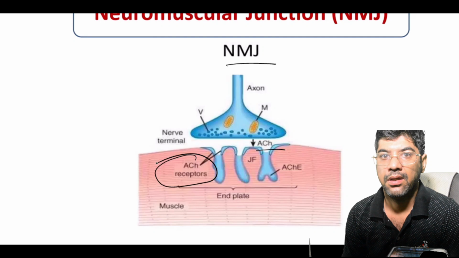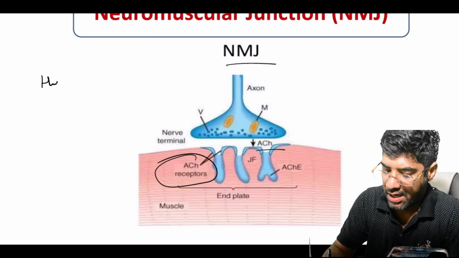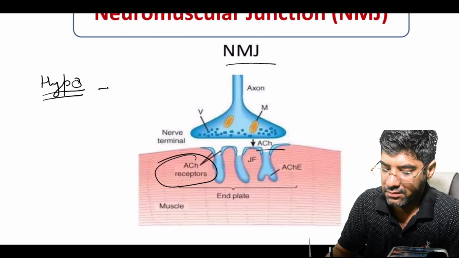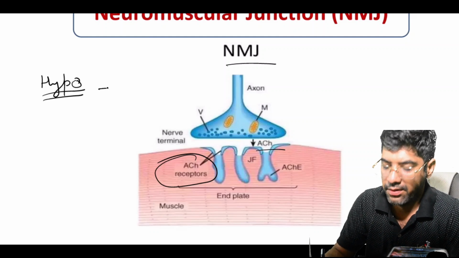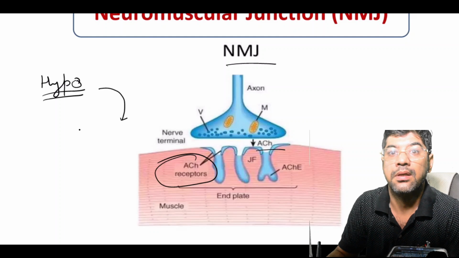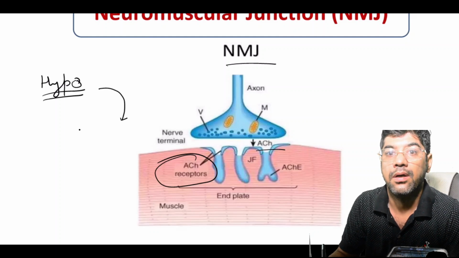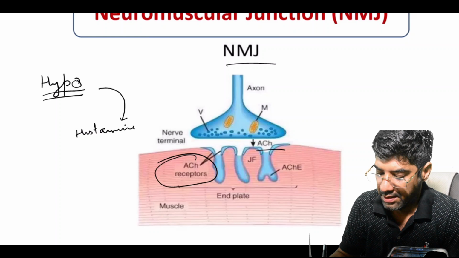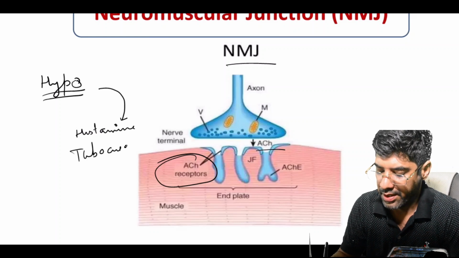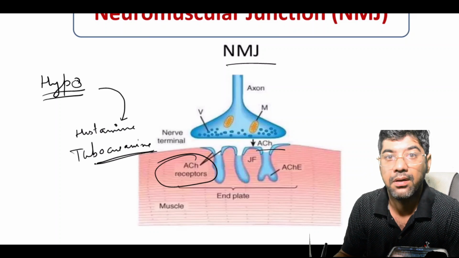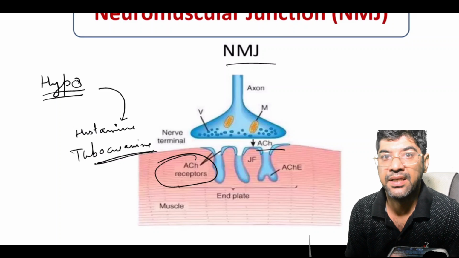Side effects: non-depolarizing agents can cause hypotension due to histamine release. An example is tubocurarine. Need to monitor for prolonged paralysis in patients with atypical plasma cholinesterase.